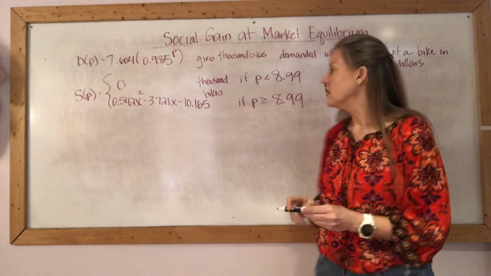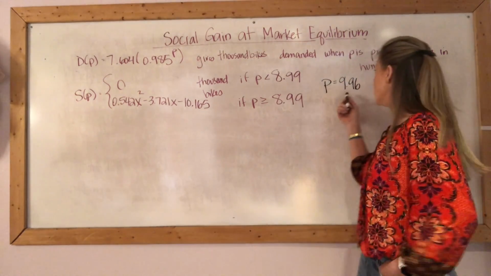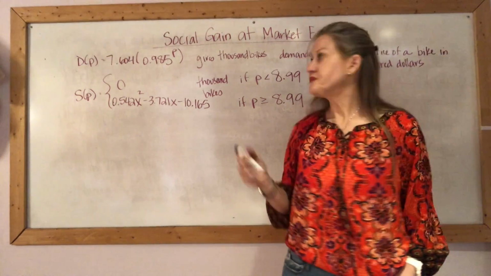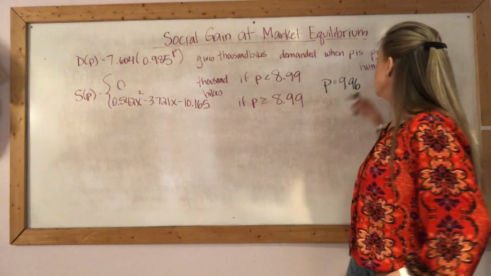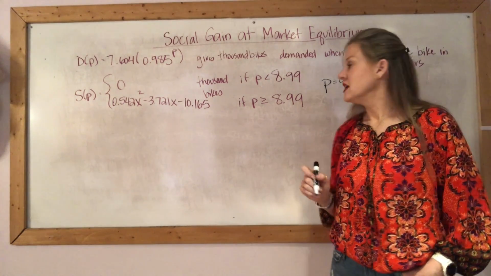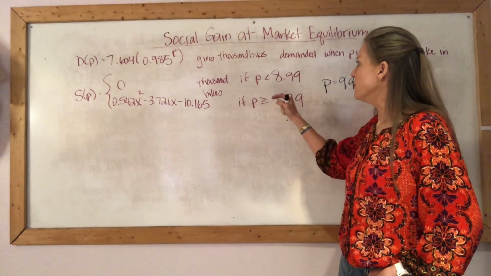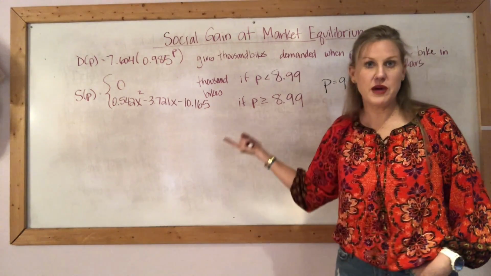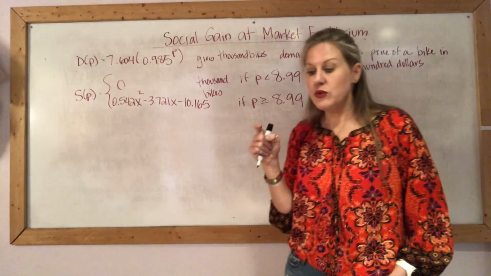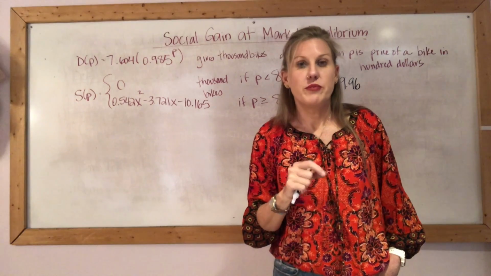So if these road bikes cost 9.96 $100, then we will have so many thousand bikes demanded. That would just be equilibrium price.